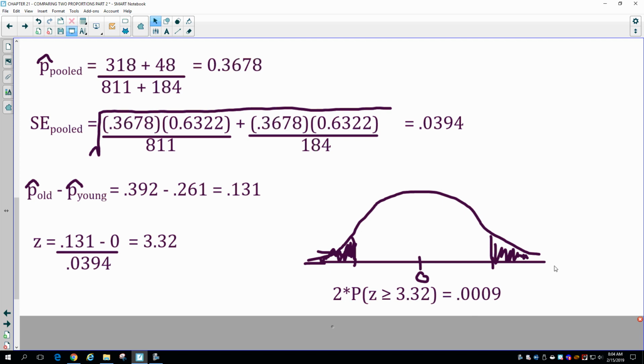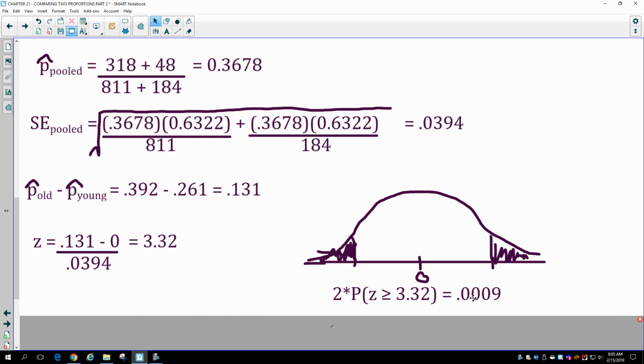Upper bound 1e99, and then we'll multiply that p-value by 2 to grab onto this left tail, and finally get a p-value of close to 0.0009. Very small. We could have guessed that by the z-score being so large. So we have a very small p-value.